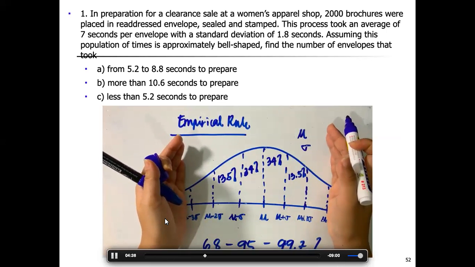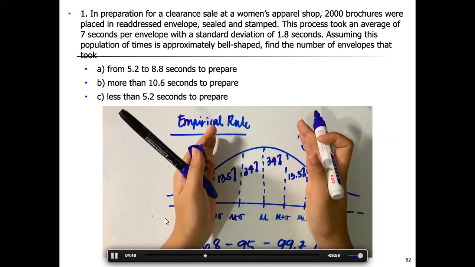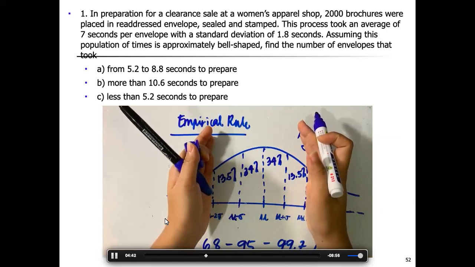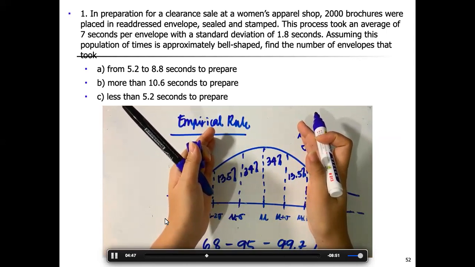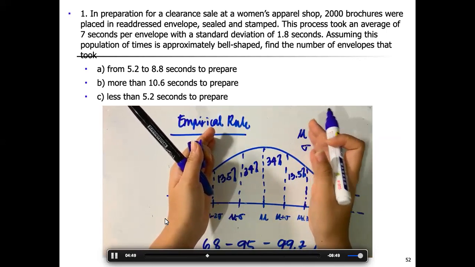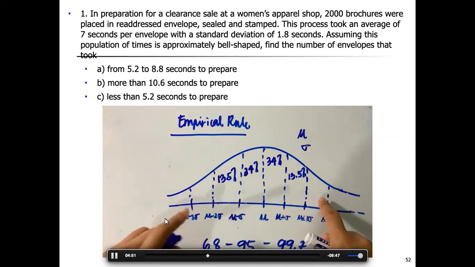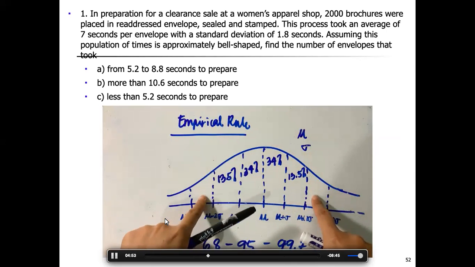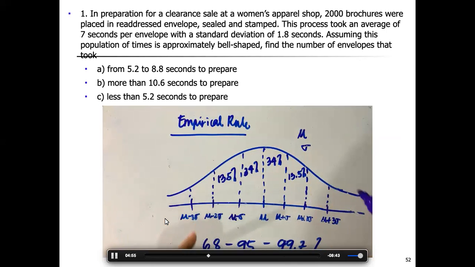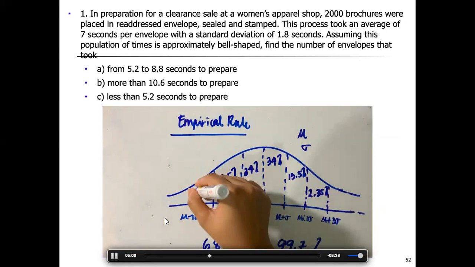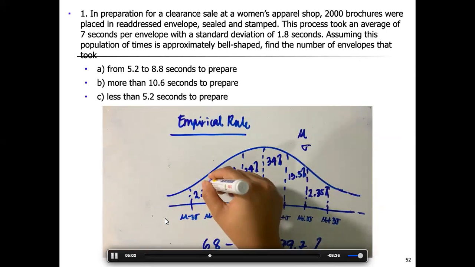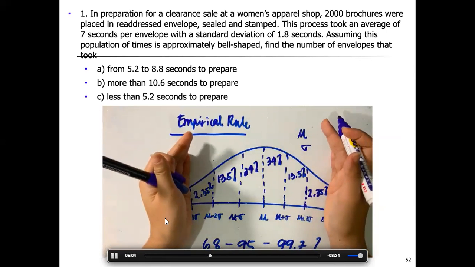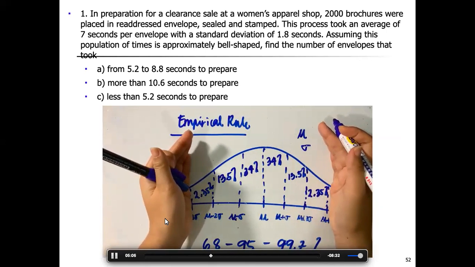If that is 99.7%, and we already have 95% covered here, the remaining would be equal to 4.7%. So 4.7% will be divided into 2 so that it occupies these two regions, and that will be equal to 2.35%, and this is also 2.35%. So if we sum up everything here, that will be approximately equal to 99.7%.